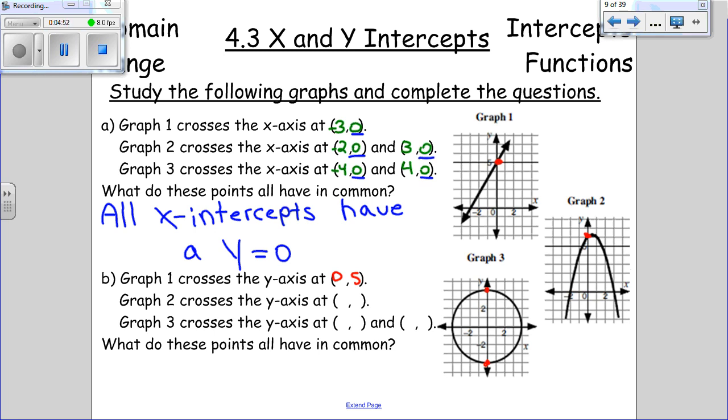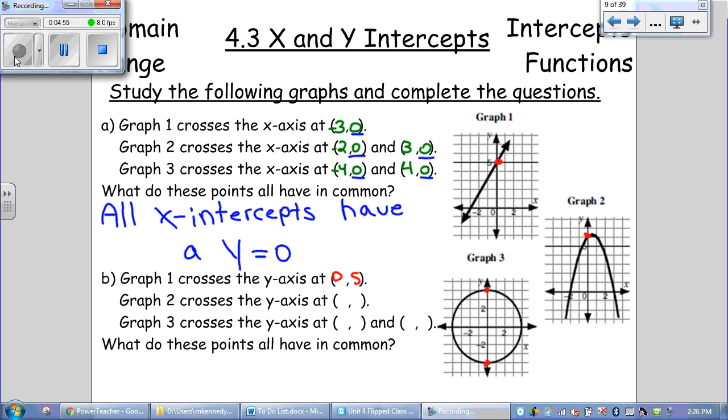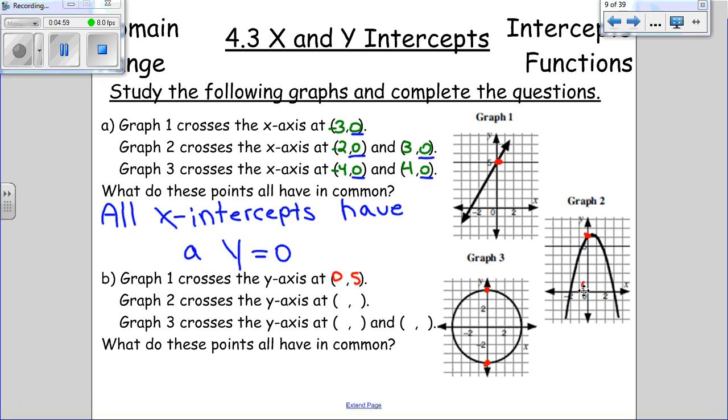All right, so if you did those, you should have noticed that on graph 2, it was 1, 2, 3, 4, 5, 6 up. So 0, 6. It didn't go left or right, but it went 6 up. For graph 3, you should have gone 1, 2, 3, 4 up. So 0, 4. And 1, 2, 3, 4 down.